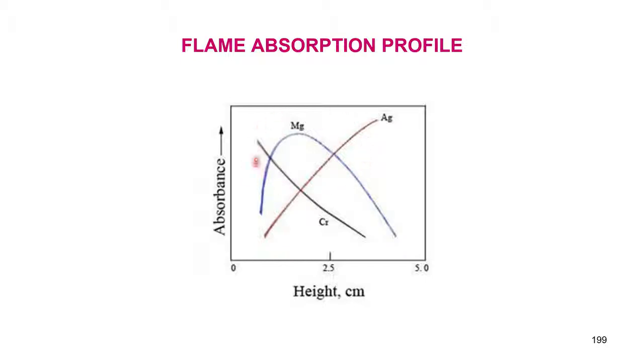So, the allowance given in most atomic absorption spectrometers is of the order of about 1 to 3 centimeters. So, this is a good example of how flame absorption profiles can be made use of in the determination of metals using atomic absorption spectrometer.